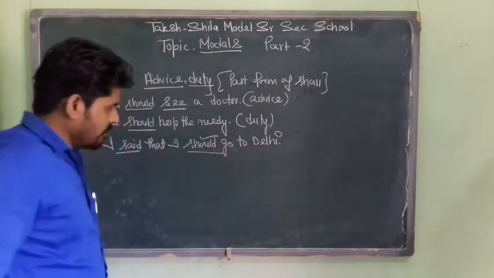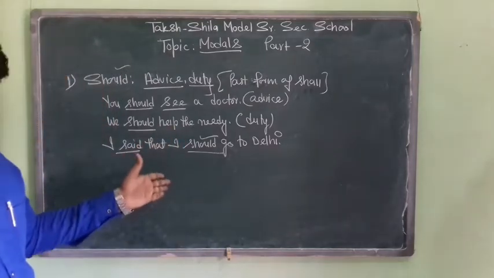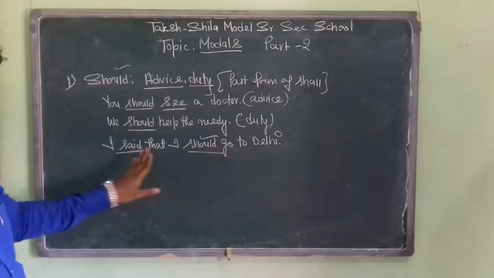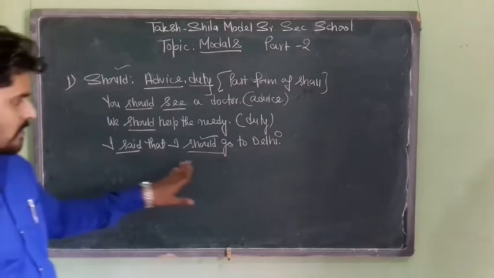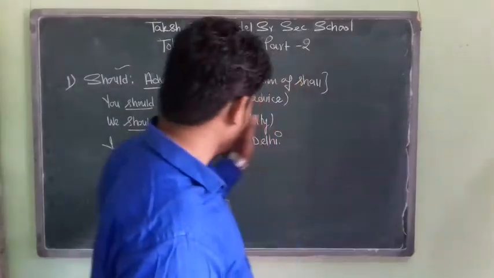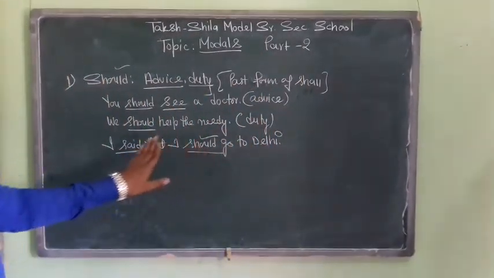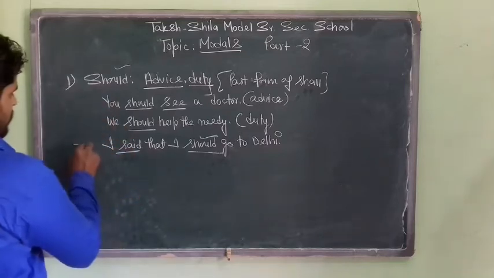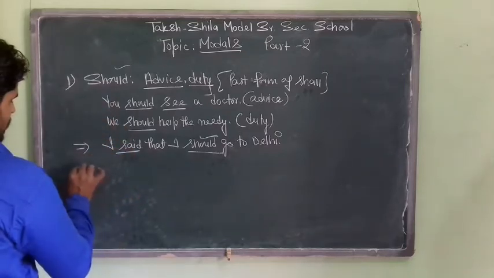If it had referred to present tense, I would have used what? Shall here. But since it is referring to past tense, I am going to use should here. Means in place of shall I am going to use should, because the principal verb is in past tense. So this is the second use of should, and there is the third use.